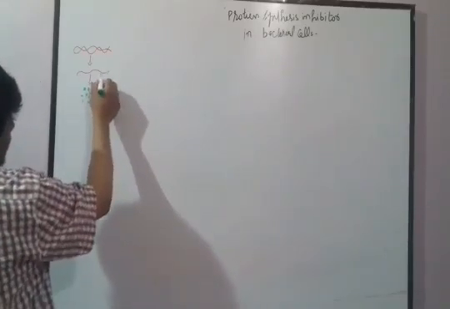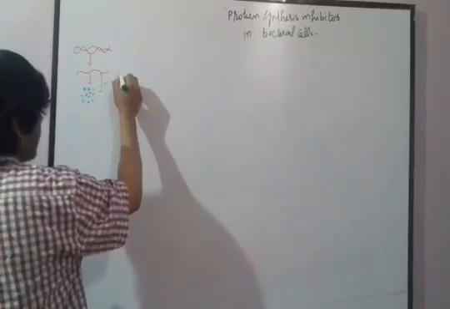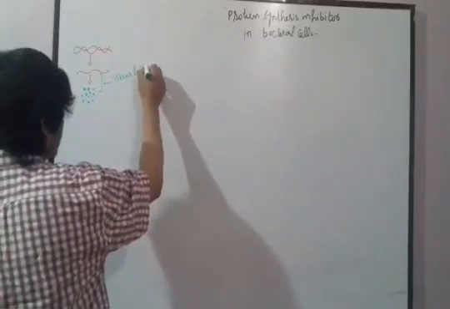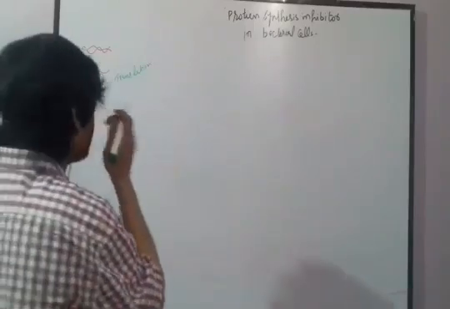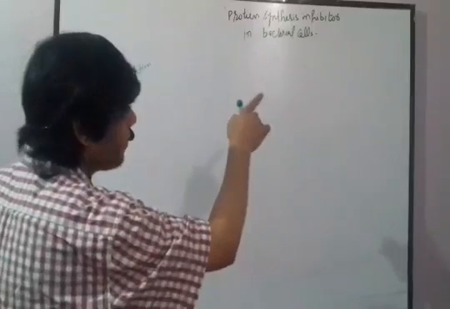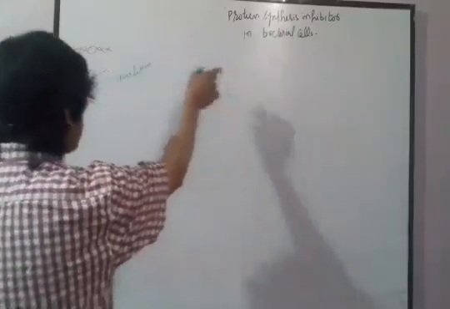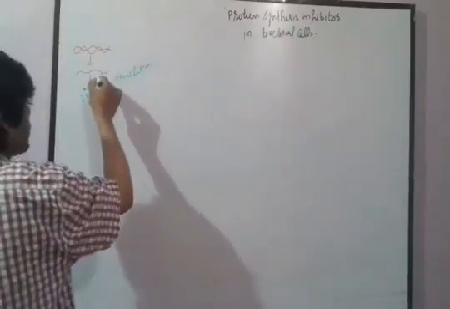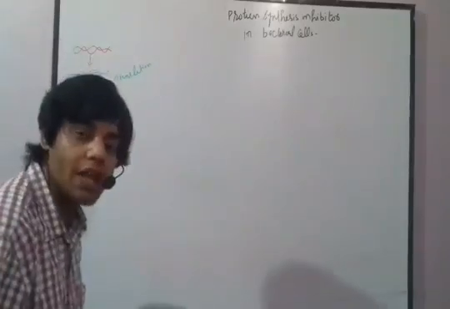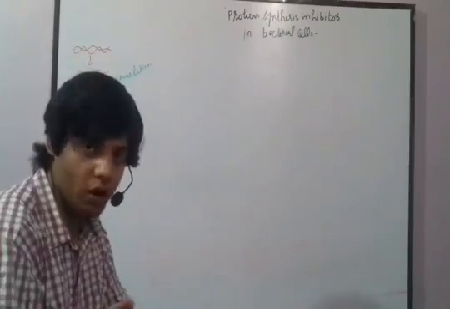This process is called translation. The drugs used as protein synthesis inhibitors usually target that area, or we can say they block that area, by which the proteins are not synthesized.